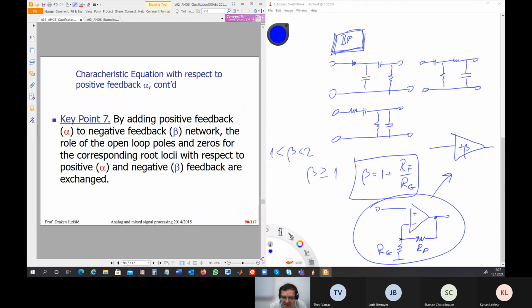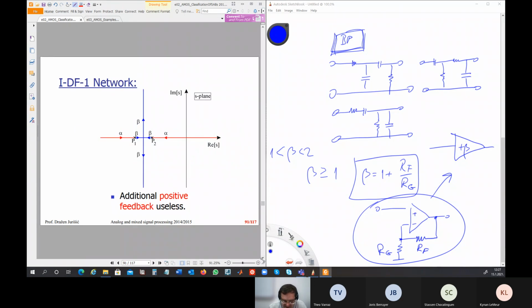And now we can conclude, looking at these two characteristic equations, that by adding positive feedback alpha to negative feedback beta, the role of open loop poles and zeros for the corresponding root loci with respect to alpha and negative beta feedback are exchanged. Here it is, but this doesn't help us. So if we add this red one, it doesn't help us. The root locus is only here.